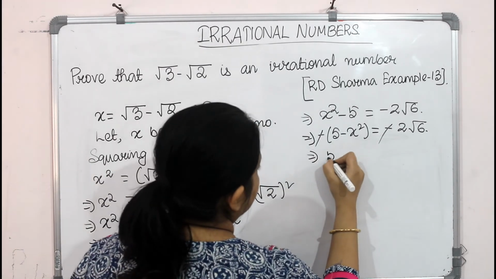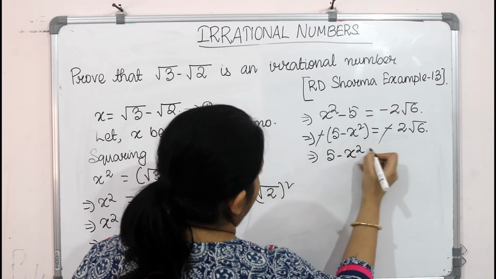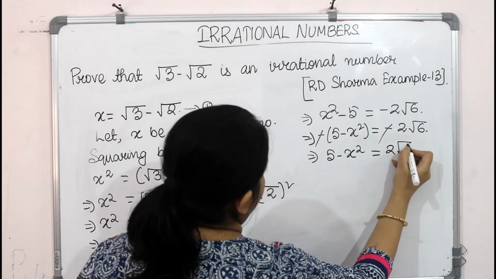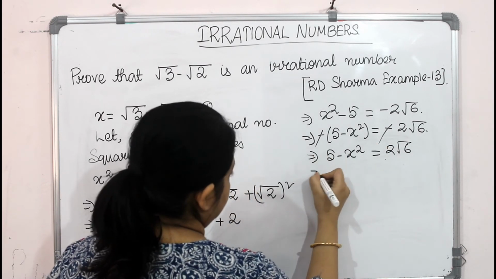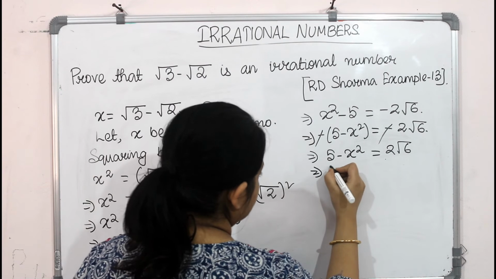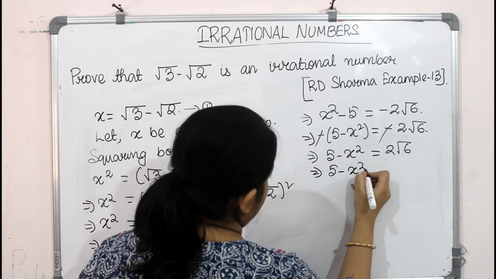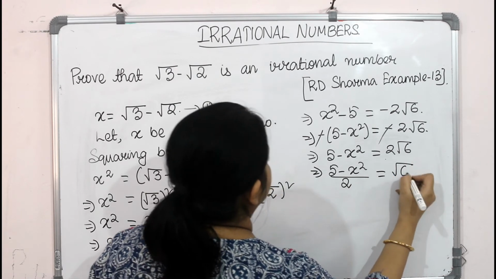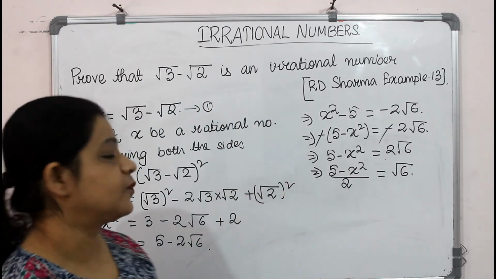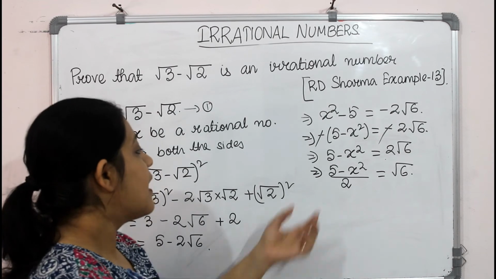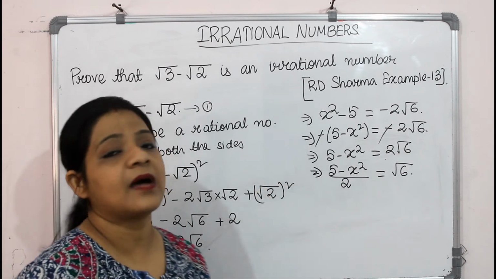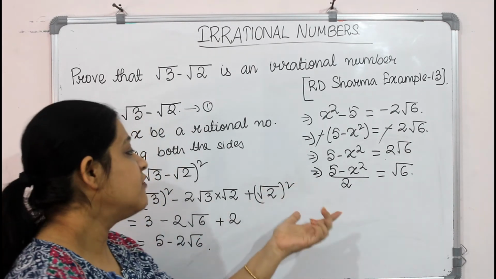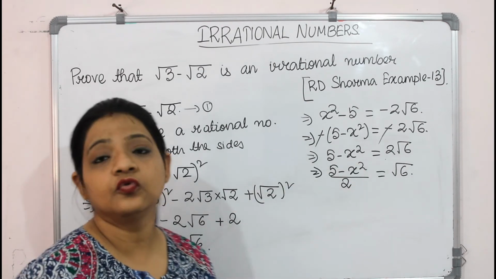So you will be left with 5 minus x square equal to 2 root of 6. So let's shift 2 to the left hand side. So you will be left with 5 minus x square by 2 equal to root 6. So this is the expression that you are getting.